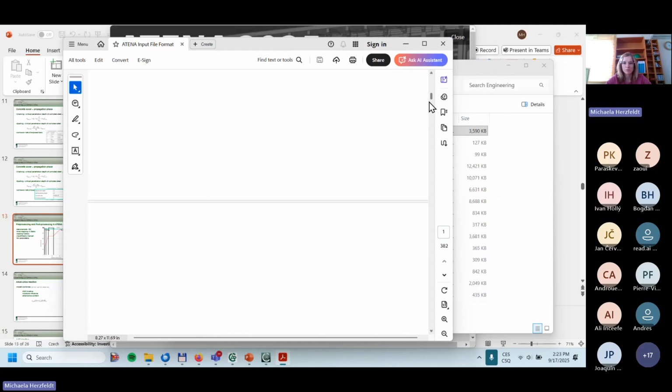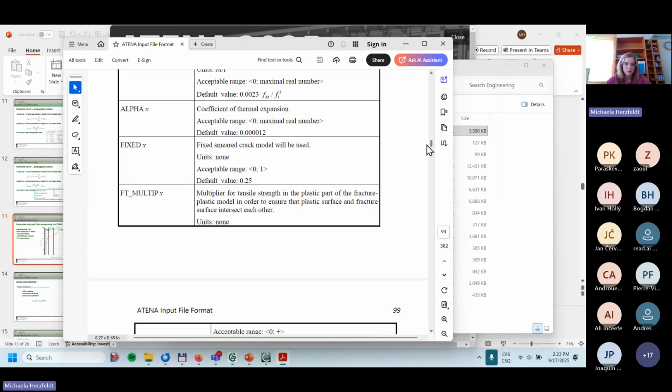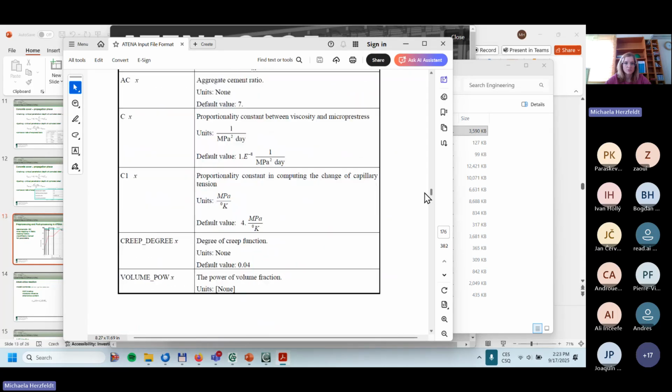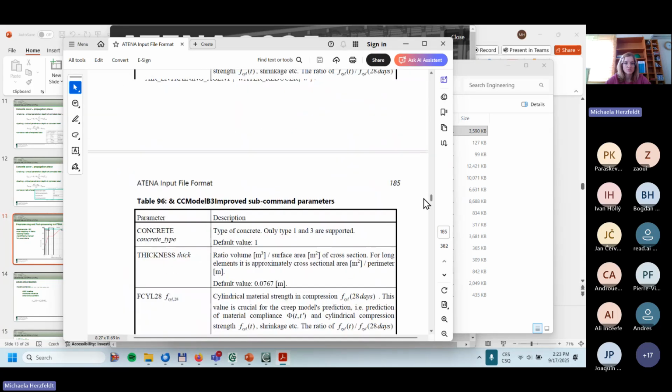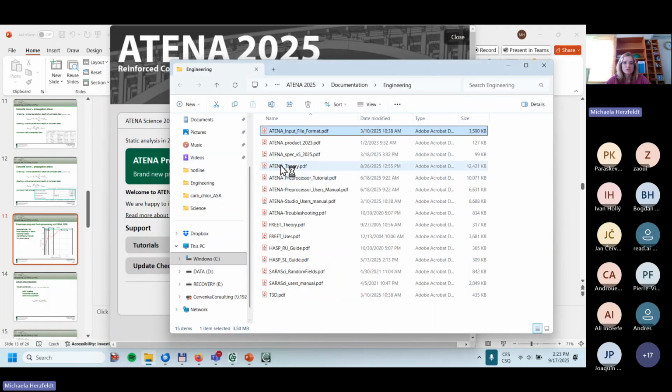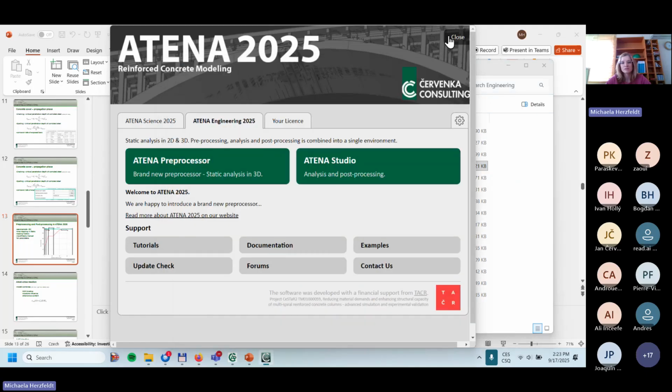You can find all the parameters in here that are described or give you more explanation than you can sometimes find in the theory manual. But of course, it's good to also check the theory manual. Sometimes they complement each other in certain parts, so it's good to work with both of them.